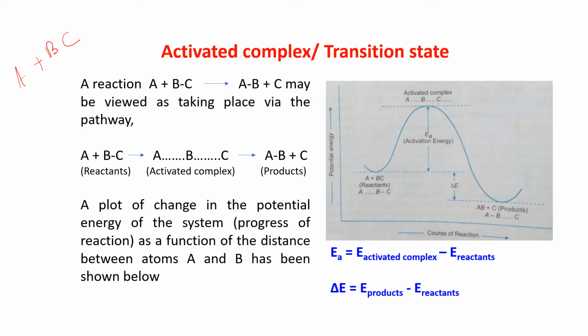First of all, B and C have a bond. Now A is far away from BC, so the potential energy is very low. No change in the potential energy in this case. Now, as atom A approaches BC, the nuclei of atoms B and C of molecule BC are forced to pull apart. And this involves the absorption of energy because the B and C bond will break.